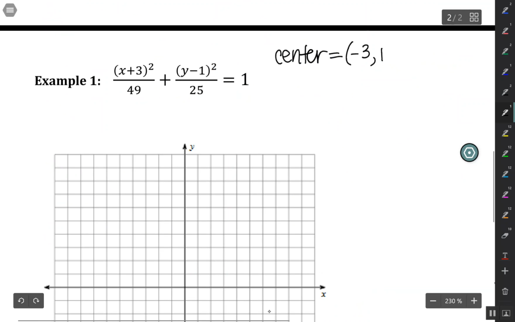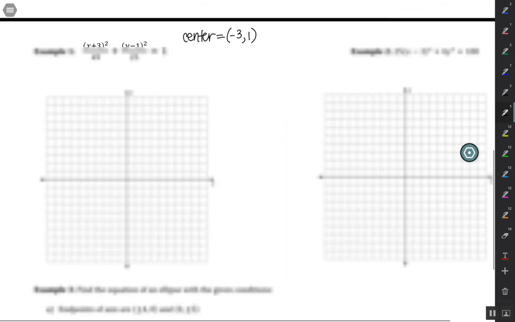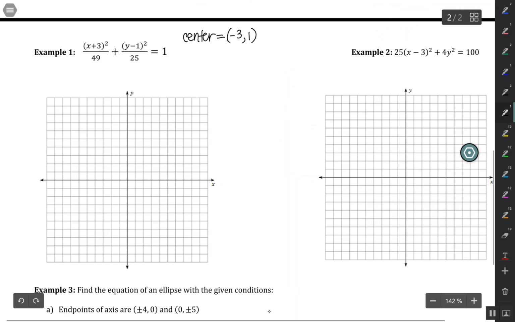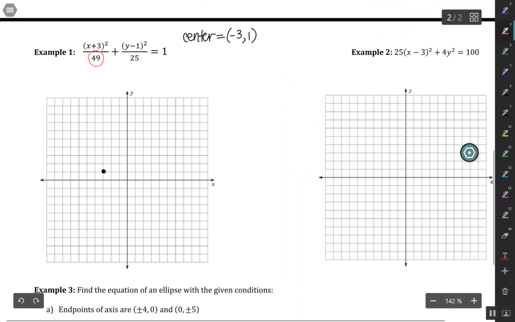My k is going to be +1. So I'm going to put -3, 1 as my center. The rest of this is pretty much the same. It's just centered at a different location. So a comes from the 49.